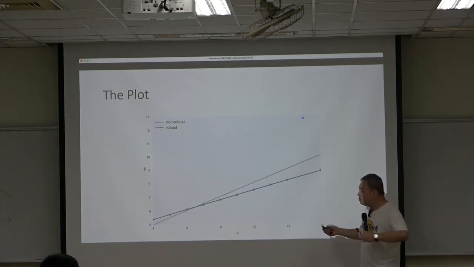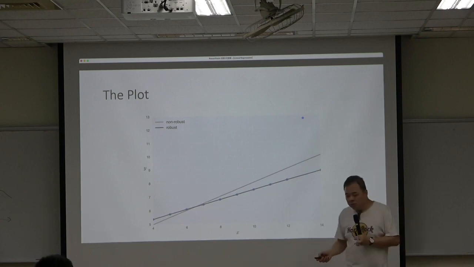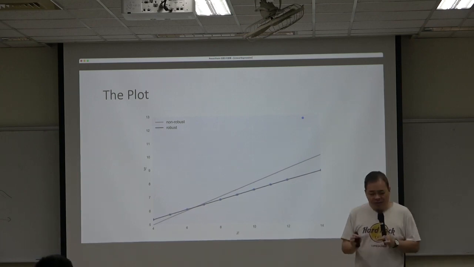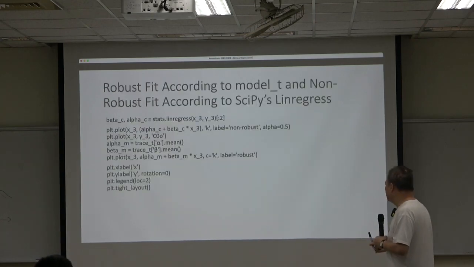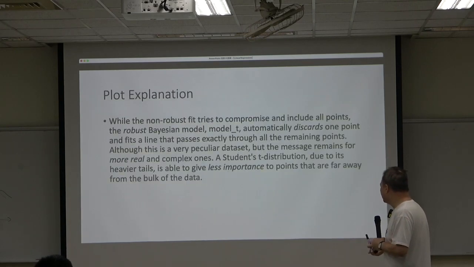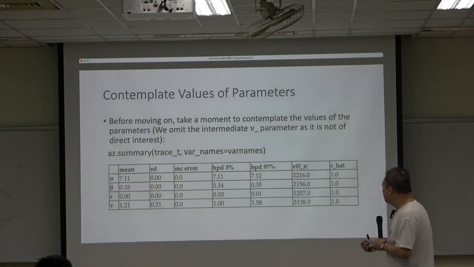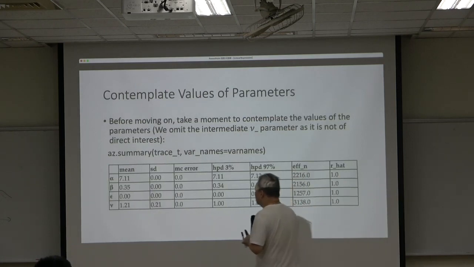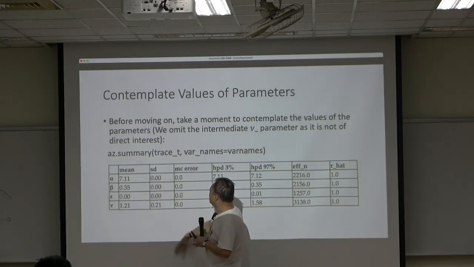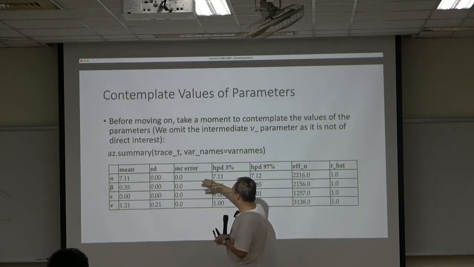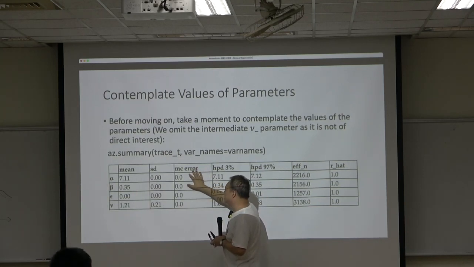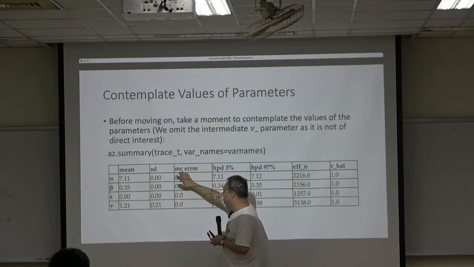The reason I want to talk about this part is the mean, standard deviation, and the MC error. You don't need to worry about the MC error; it is for the Markov chain error.